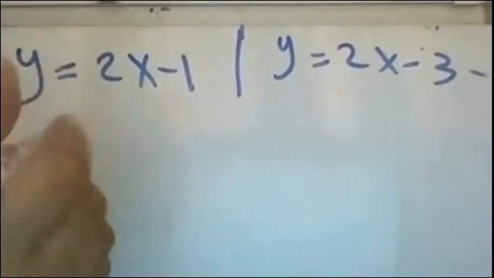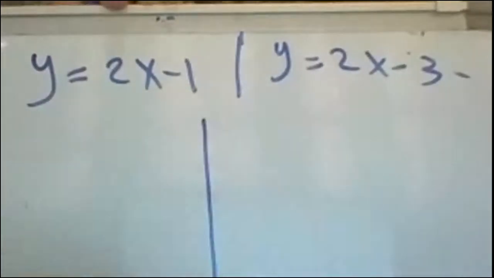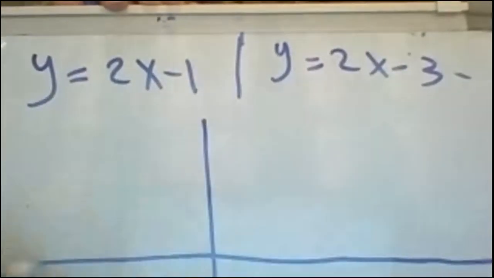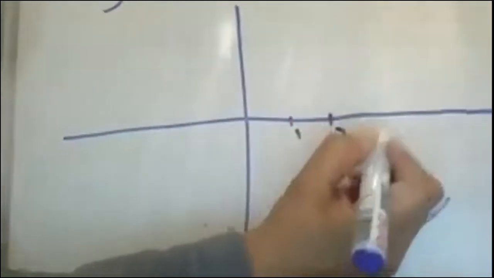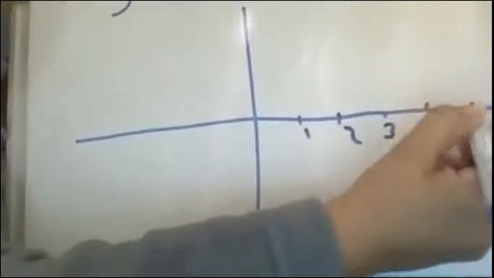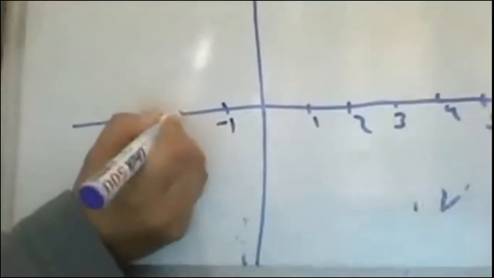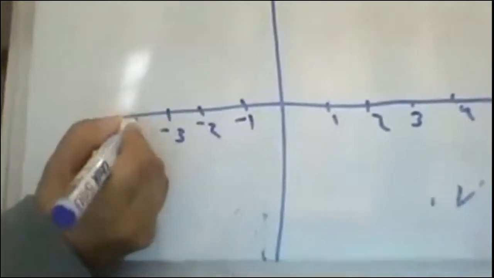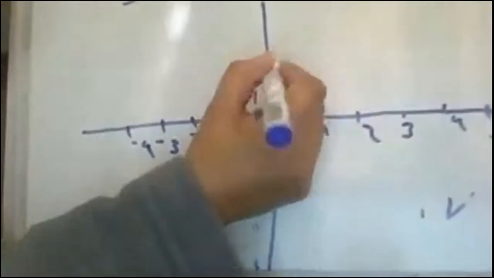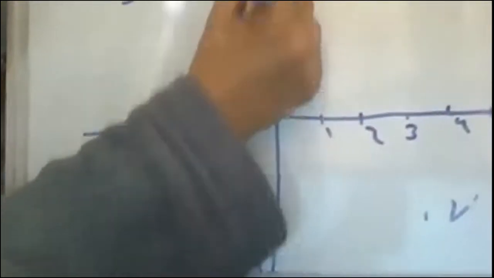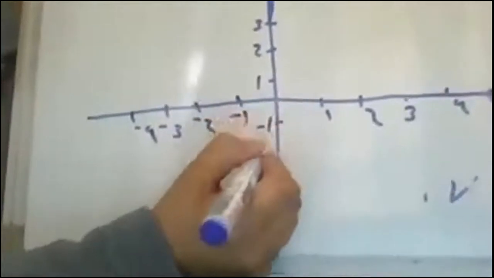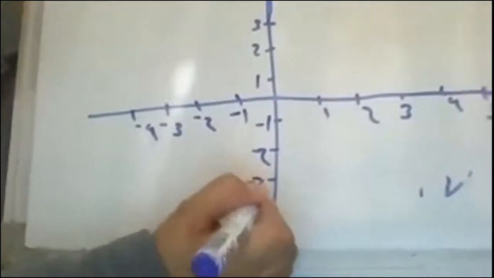I want to represent them graphically. So we will draw the coordinates, and we will put 1, 2, 3, 4, 5, and this one -1, -2, -3, -4, and here I have 1, 2, 3, and then 4, and this one is -1, -2, -3, -4.